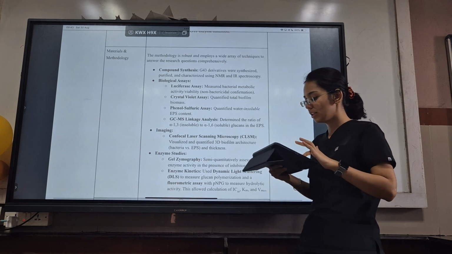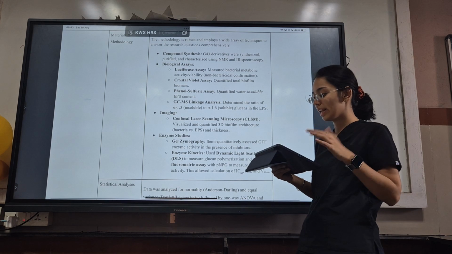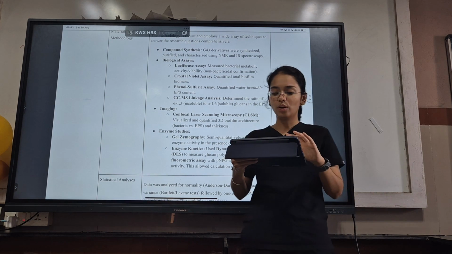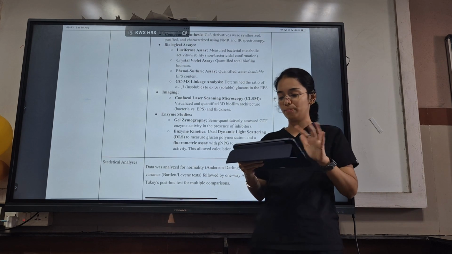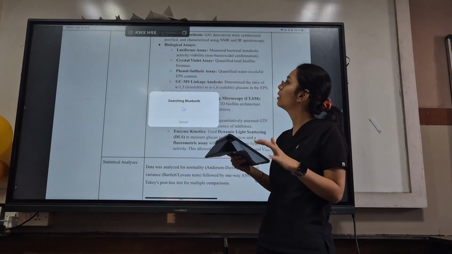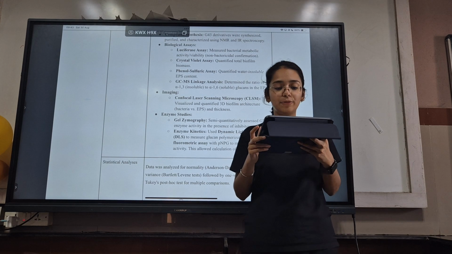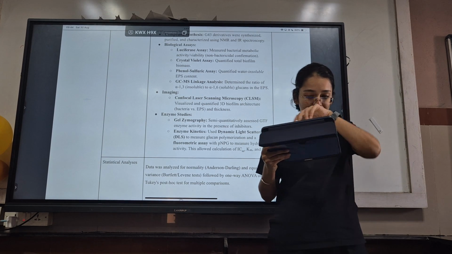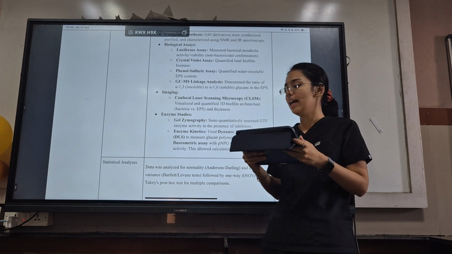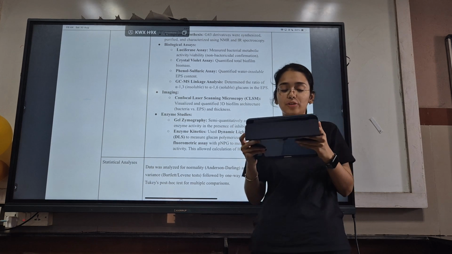So this methodology was robust and employed a very wide array of techniques to answer all the research questions comprehensively. First we began with compound synthesis, where the G43 derivatives were synthesized, purified and characterized using NMR and IR spectroscopy.